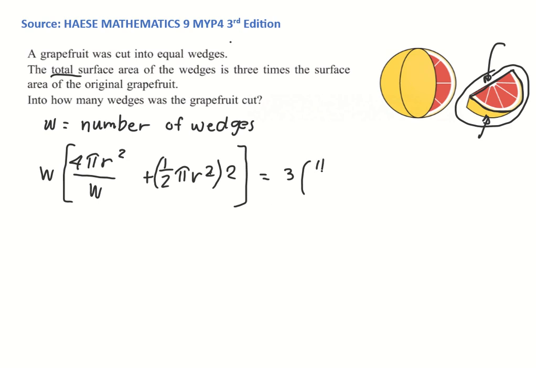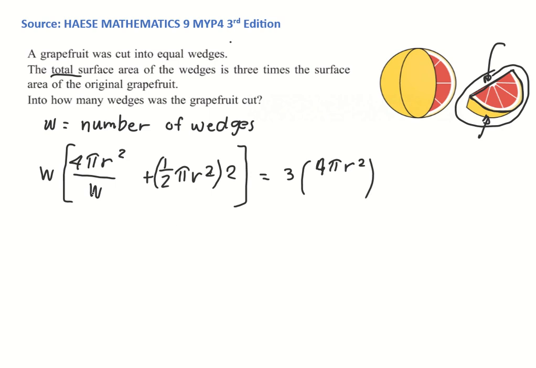So that's 4 pi r squared. Okay. What else am I forgetting here? Well, I think that's it. From this we can calculate W. You may want to pause this video and try solving it on your own.